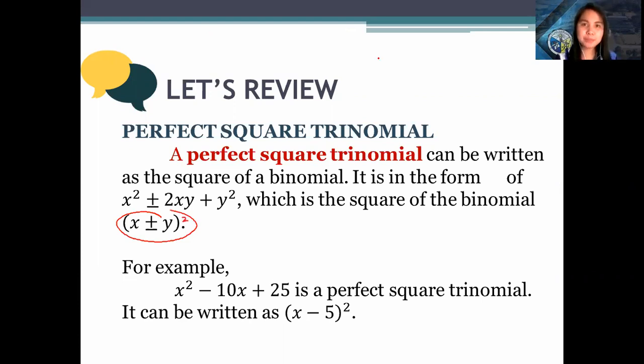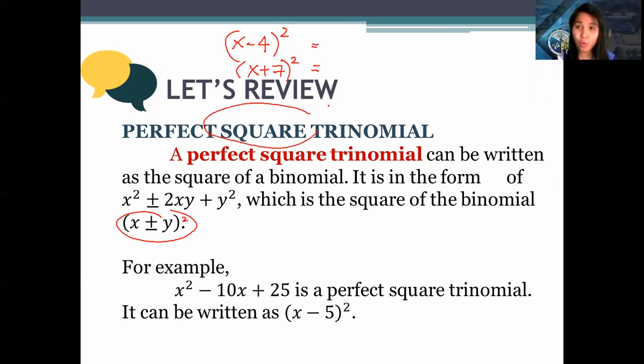So for example, if we have x minus 4 squared, or if we have quantity x plus 7 squared, if you expand this, the special product is a perfect square trinomial.